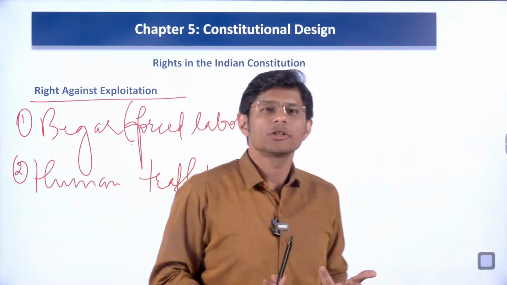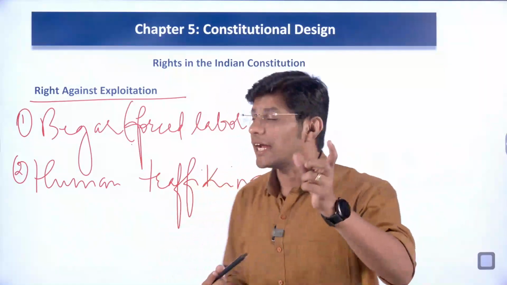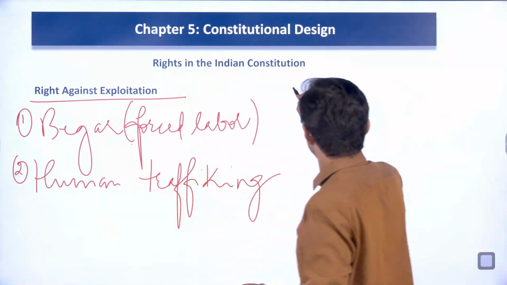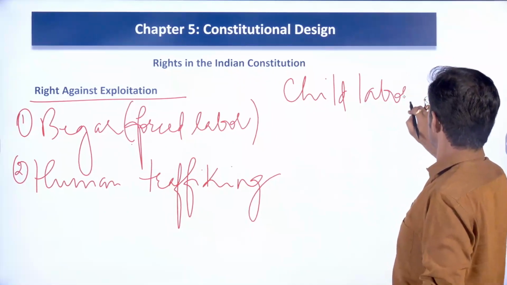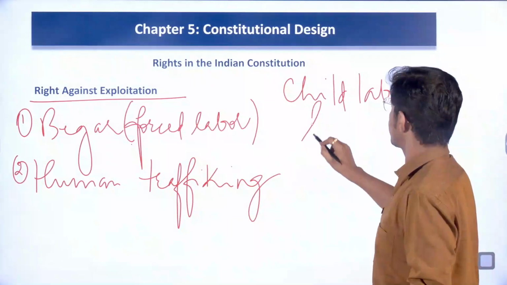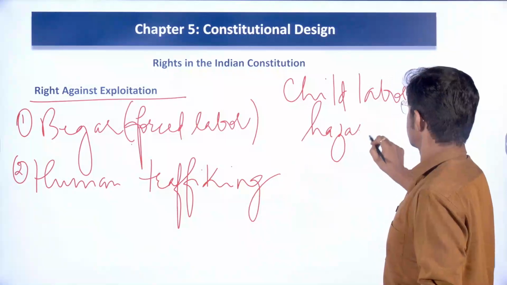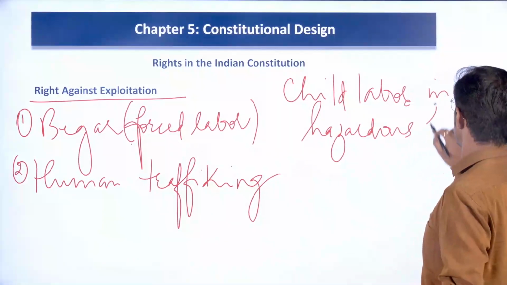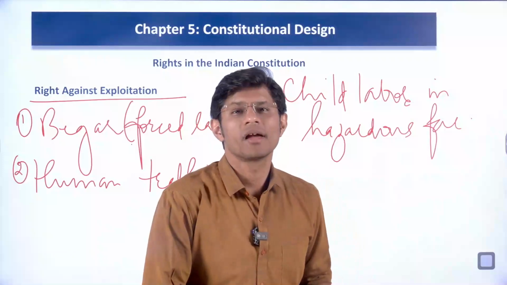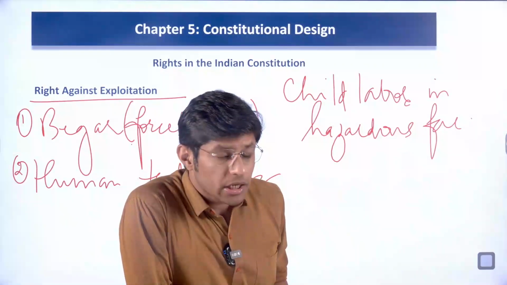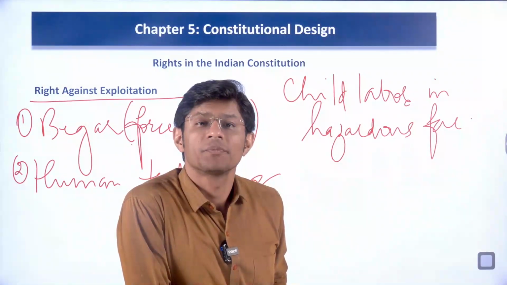The constitution also bans child labor in hazardous factories or industries, especially of children below 14 years.